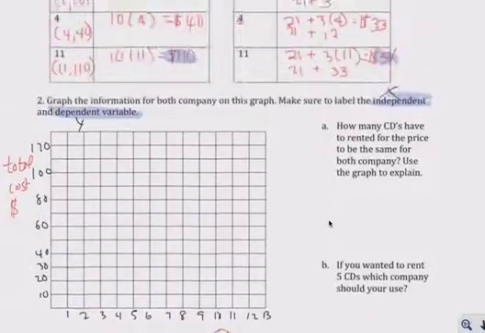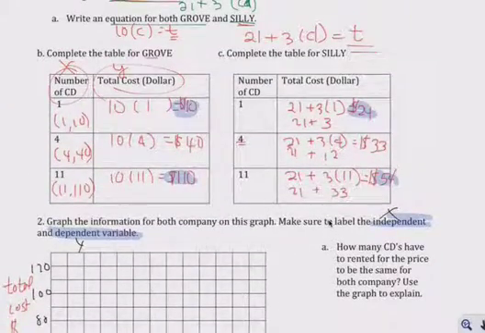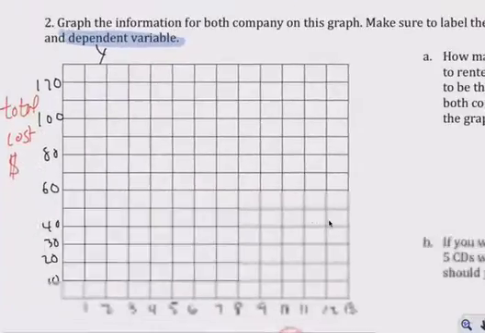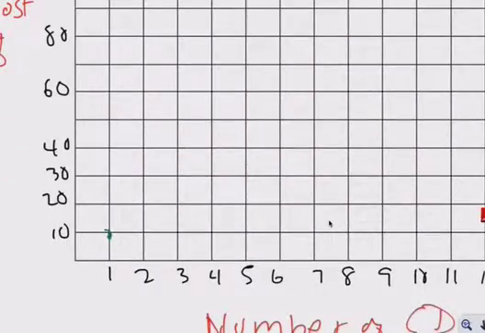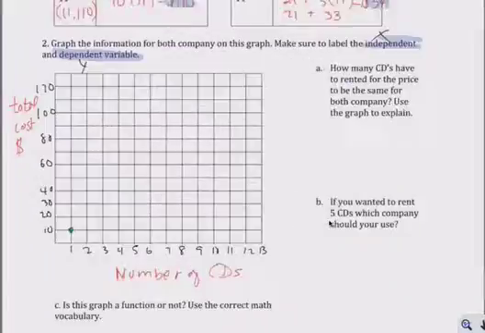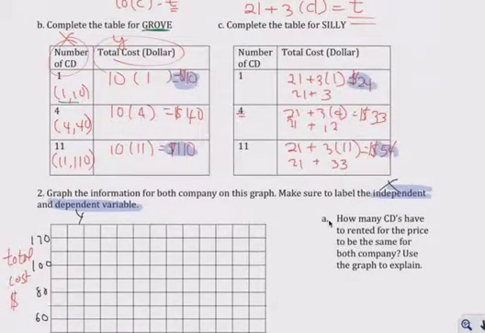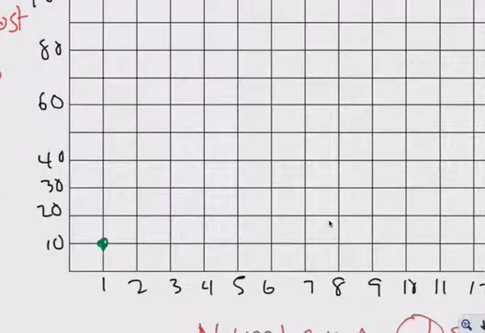Okay, 1 CD for Groove. We'll do Groove in green. Okay, one CD costs you $10, so 1, 10 right there. 4, 40 is next. 4, 40 is right here.